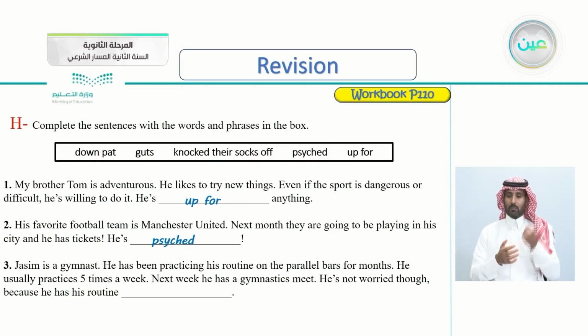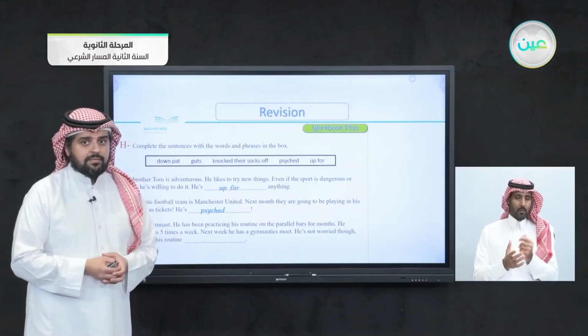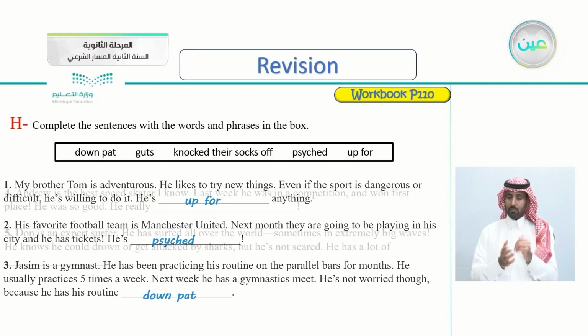So he's not nervous. He's not worried. Why is that? Let's see the correct answer here. Because he has his routine down pat. It means that he has everything perfect for him.